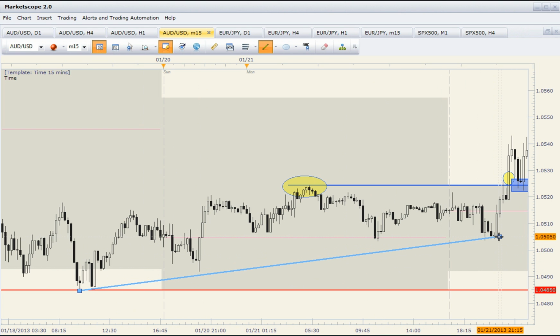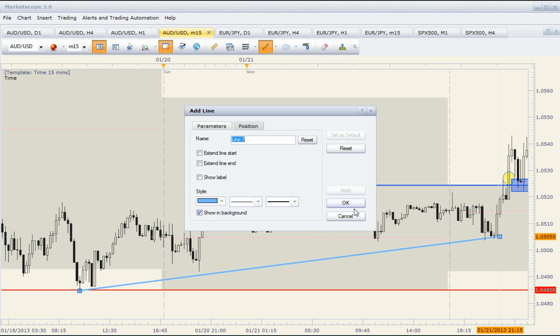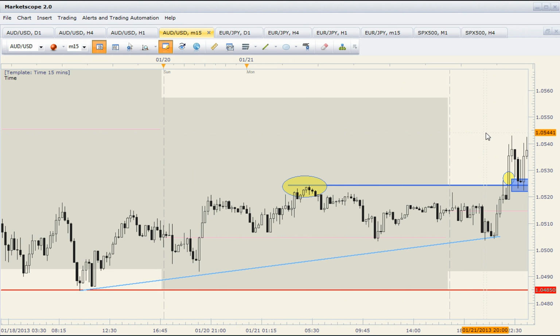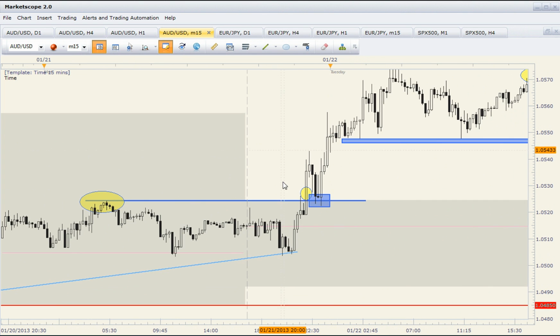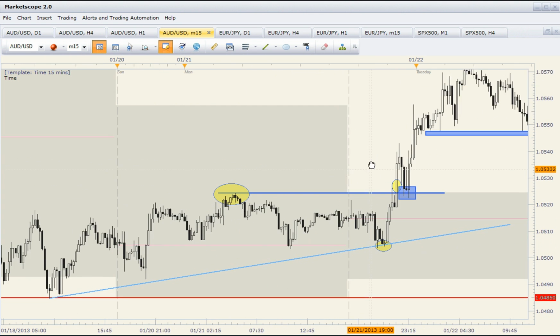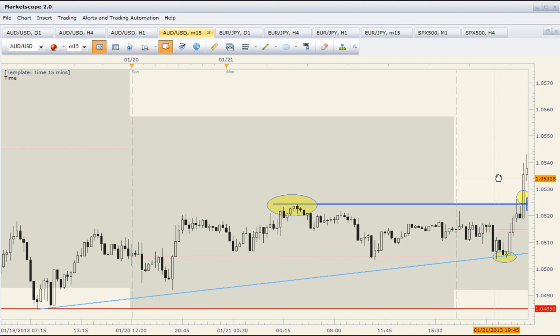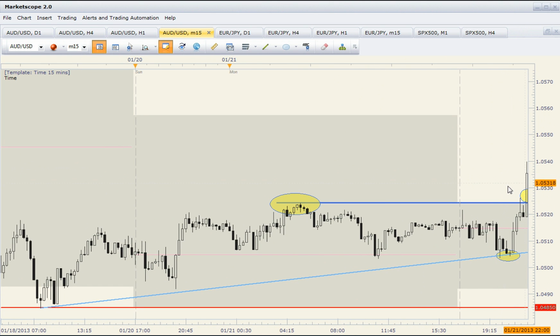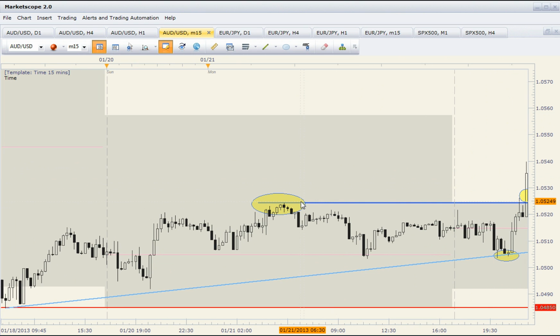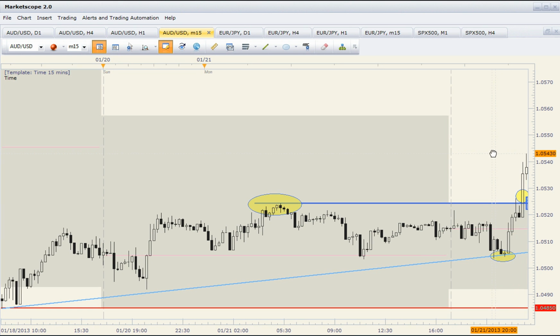So I could draw a line like this, and just extend this a bit more. I know this because this is what's happened in the past. And I also know that this bar has broken this resistance level impulsively. So I could say this is looking very bullish.